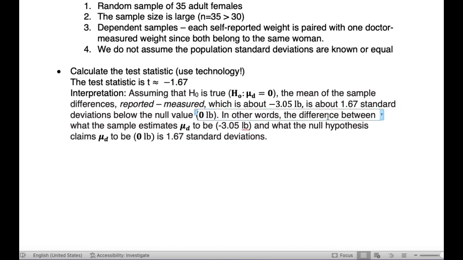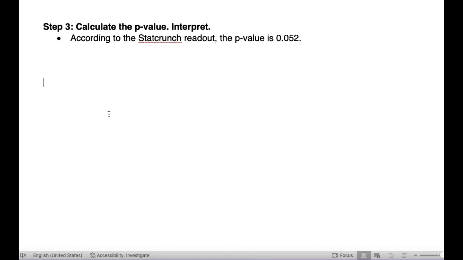In other words, the difference between what the sample estimates the population mean to be, which is about -3 pounds, and what the null hypothesis claims the mean of the differences to be, which is 0 pounds, is about 1.67 standard deviations.